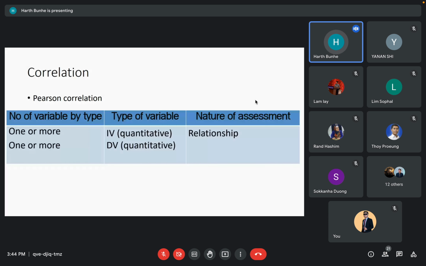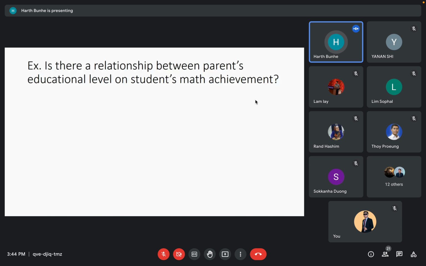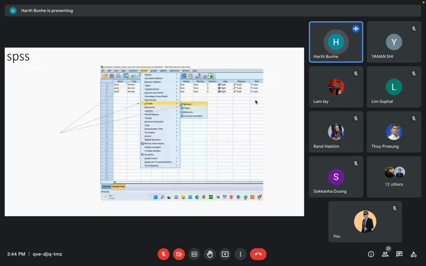So to talk about Pearson correlation, I have an example for you here. The example is about, is there a relationship between parent education level and student math achievement? So how many variables are there here? There are two variables.